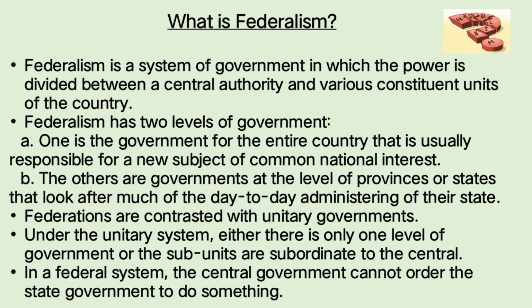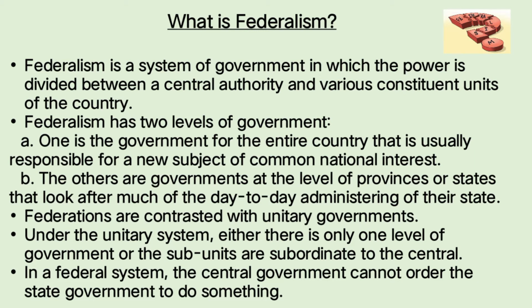What is federalism? Federalism is a system of government in which the power is divided between the central authority and various constituent units of the country. Federalism has two levels of government. One is the government for the entire country, that is the union government or the central government.